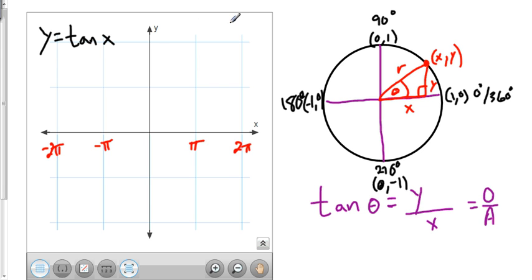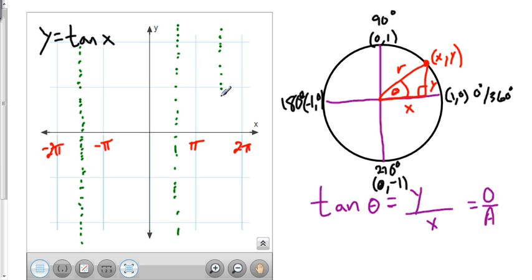We just said at pi over 2, it's undefined, so we're going to have our vertical asymptote right there. And 90 is the same as -270, which is -3 pi over 2. Okay, let's finish this vertical asymptote. Okay, and now down here, 270, where x is 0, that's 3 pi over 2.